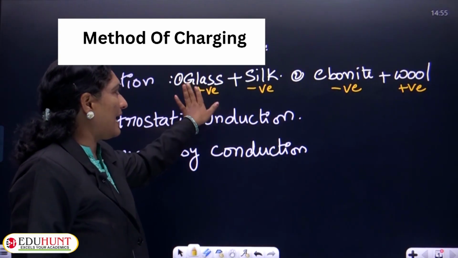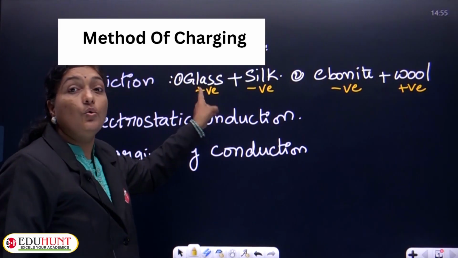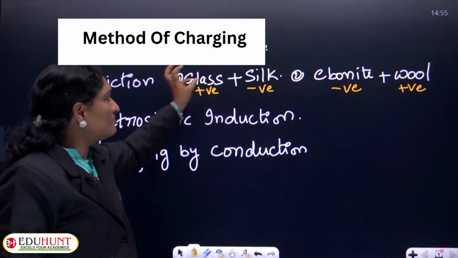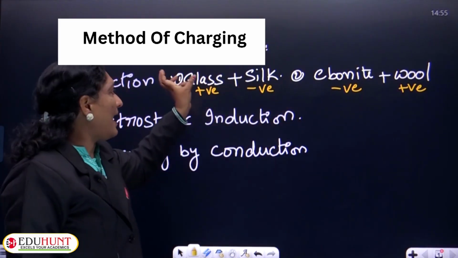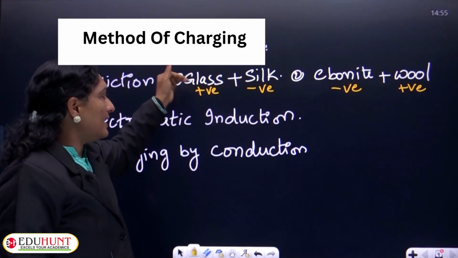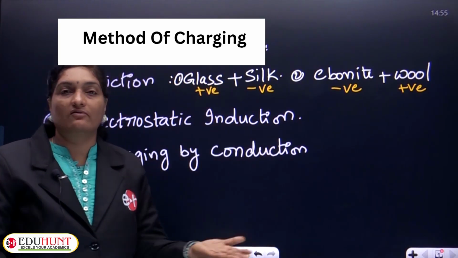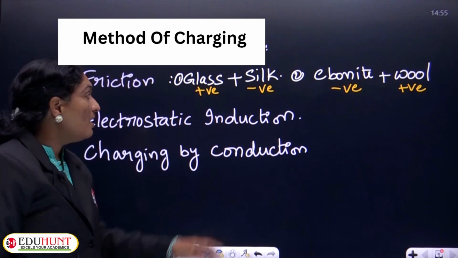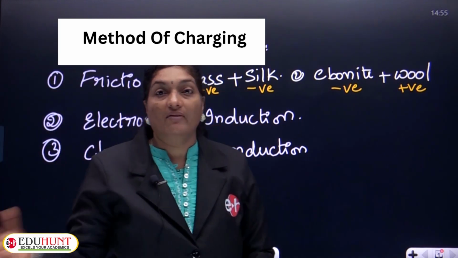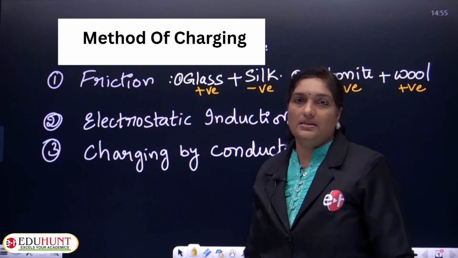Whenever a glass rod is rubbed with silk, the glass rod loses electrons. The electrons from the glass rod will enter the silk. As it gives up its electrons, it has fewer electrons and will become positively charged, whereas the silk cloth, while gaining those excess electrons, will become negatively charged.